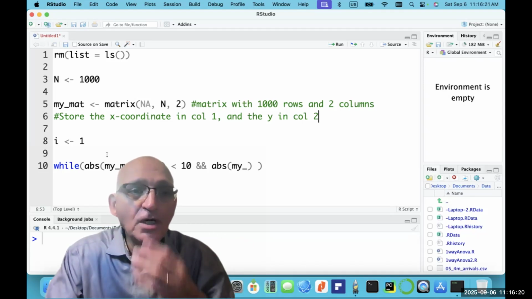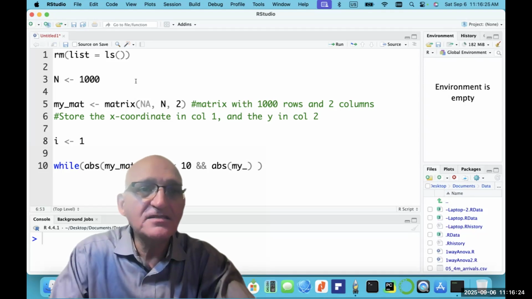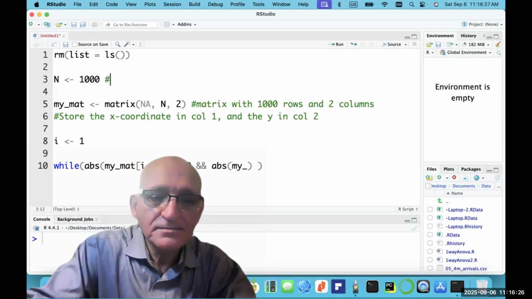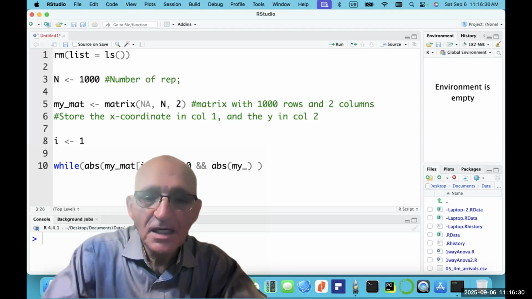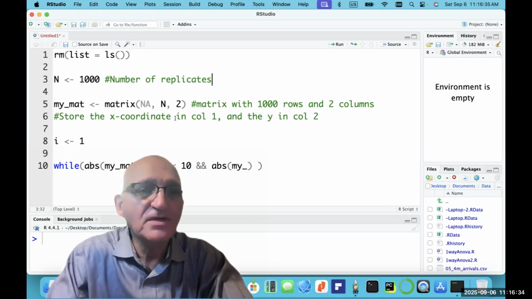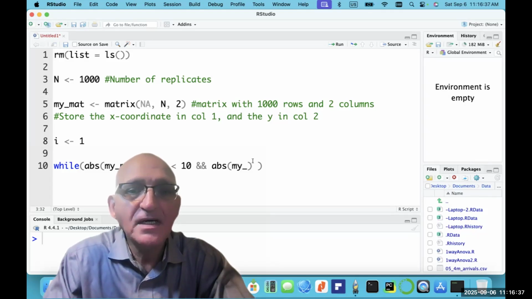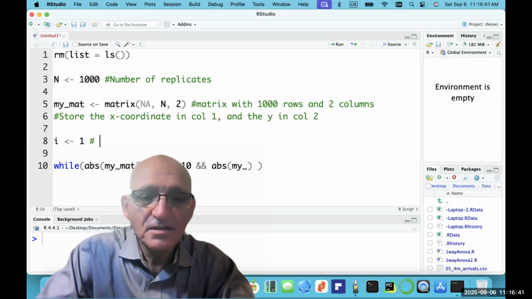Okay, so my mat I is the replicates, number of replicates of the simulation replicates. And this is a counter, of course, you can call it whatever you want.